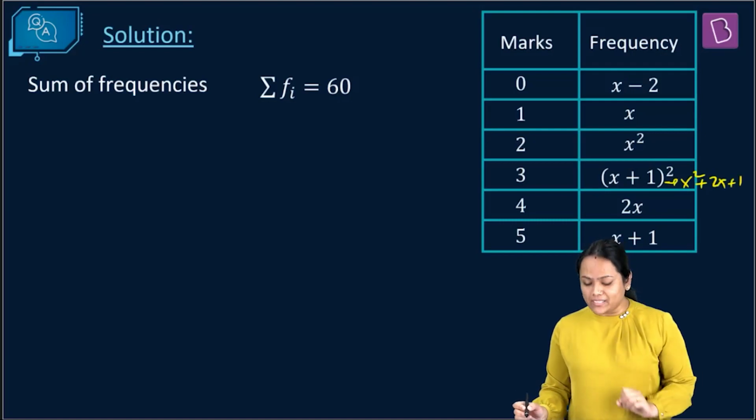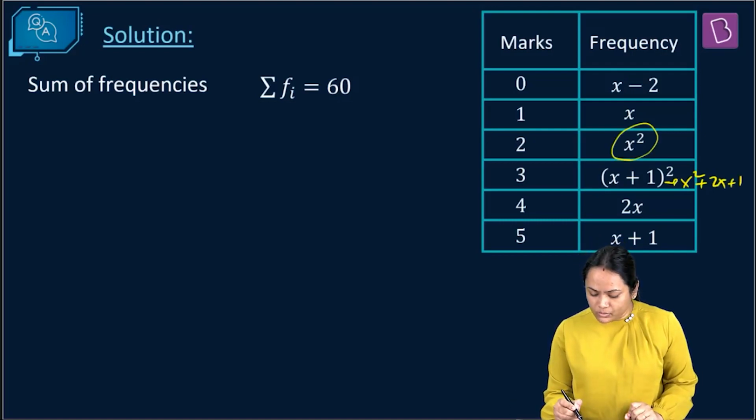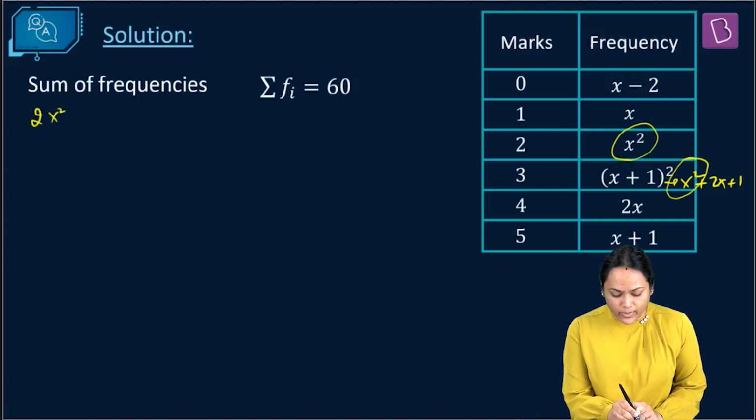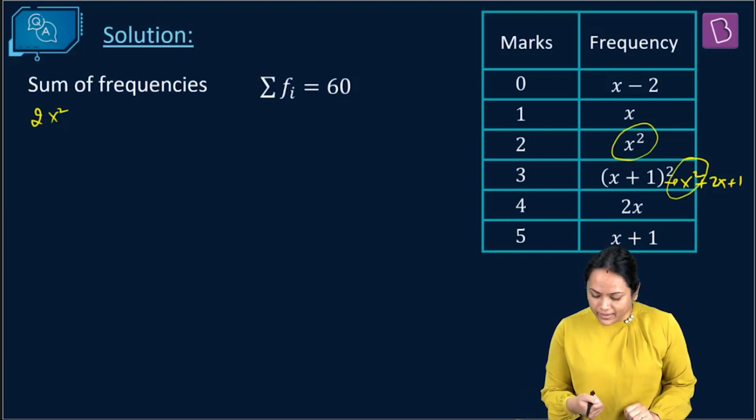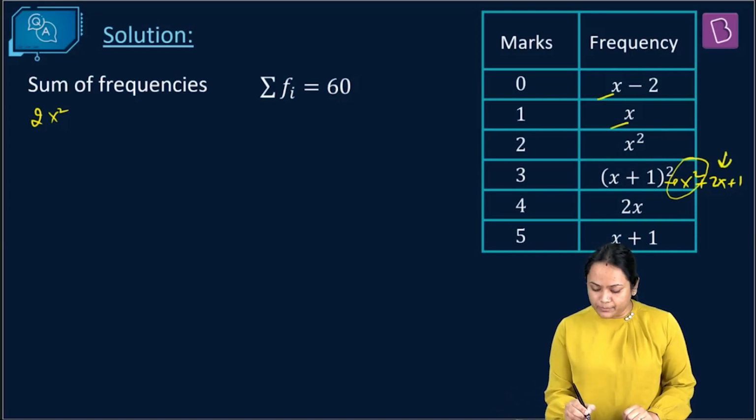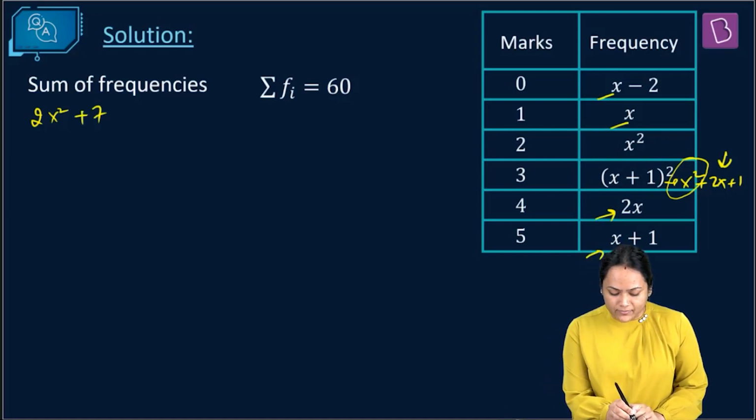So when I add x square terms, I'm going to get 1x square over here and 1 over here. So it's going to become 2x square. Then I'm going to add my x part. So I have x plus x, that is 2x, plus 2x, that is 4x, plus 2x, that is 6x, plus x, that is 7x.